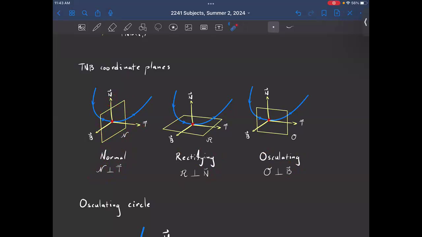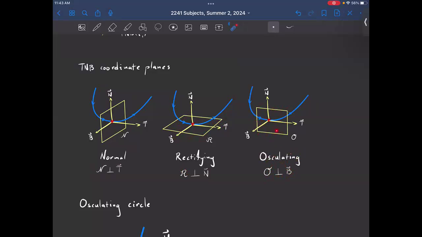The rectifying plane is the one that is orthogonal to the normal vector, and it contains the tangent and binormal vectors. I don't know how you can remember that one. It's the weird one for me. And then last is the osculating plane, and this is the one where the osculating circle lives. So it is orthogonal to the binormal vector.